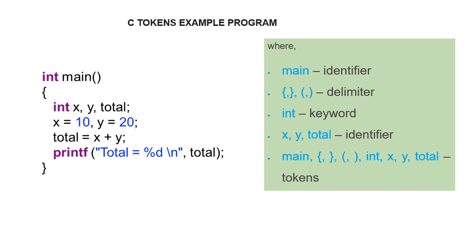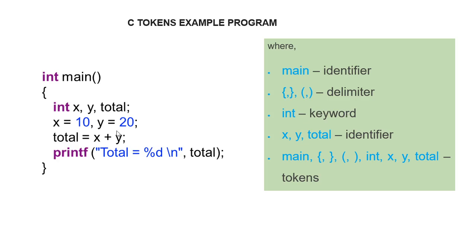What you can see is that each component in this program is called a C token. For example, main is an identifier. Then curly brackets are delimiters; they are special symbols. Then int is a keyword.